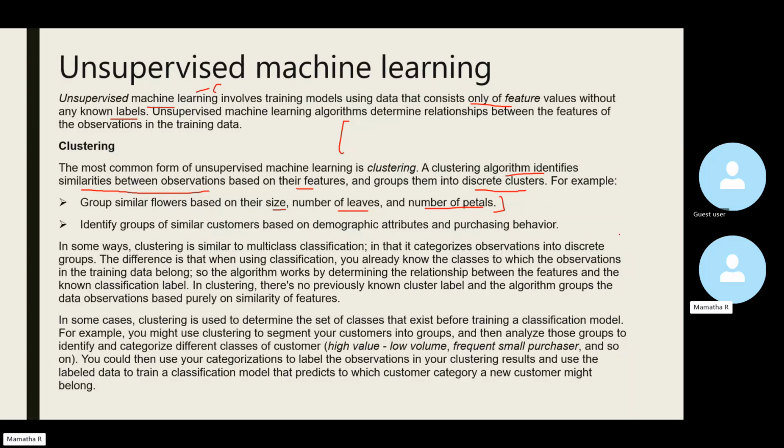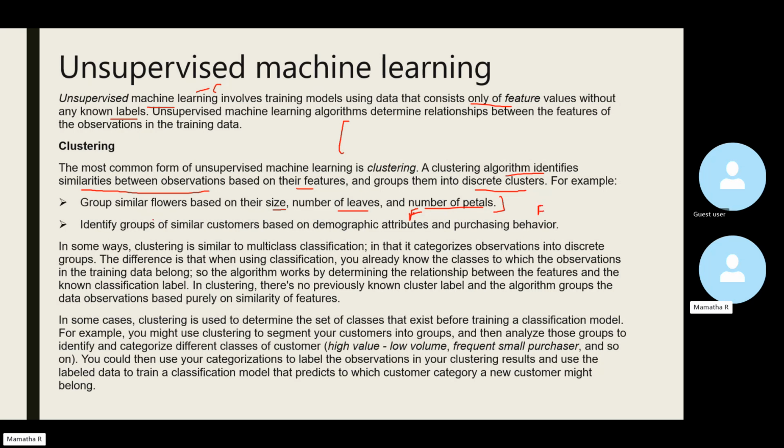Also, it will try to group similar customers based on their demographic attributes and purchasing behavior. Here we have two different features. What is a feature here? Demographic attributes, which we are considering as a feature, and purchasing behavior is also a feature.